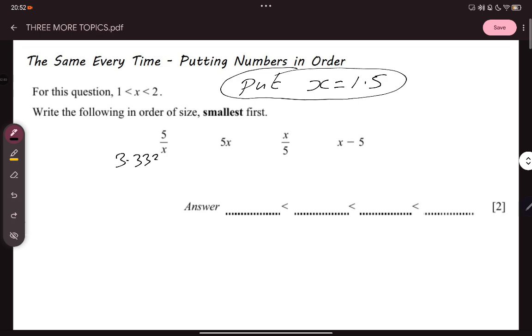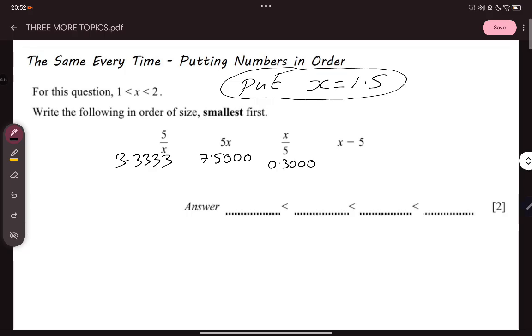And again, like I did before, I'm going to write down 4 places after the decimal point. 5 times 1.5 is 7.5, and I'll put some extra zeros on there. 1.5 divided by 5 is 0.3, and then some more zeros.